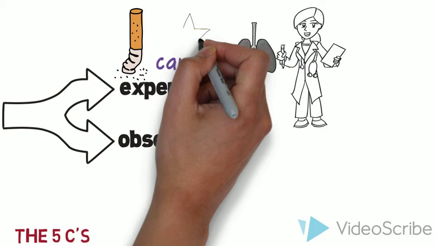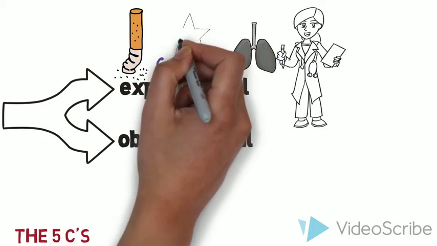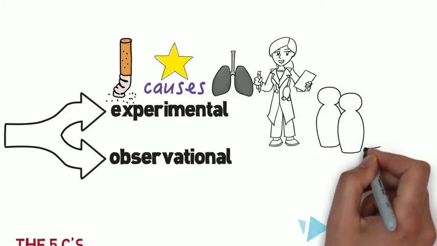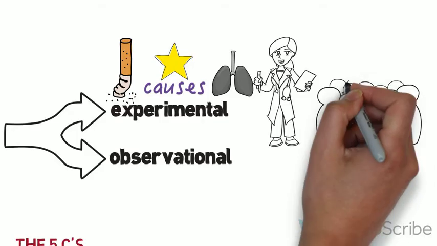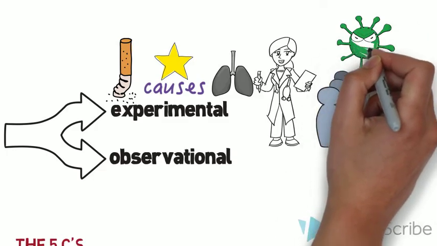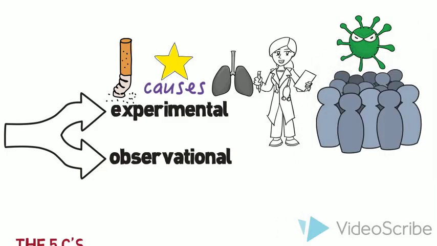So if experimental studies are so great at establishing causality and proving that one thing causes another, why aren't all studies experimental? Well, controlled experiments aren't always possible or ethical, especially when you're studying humans and disease. Would you join a study where you were required to smoke cigarettes?